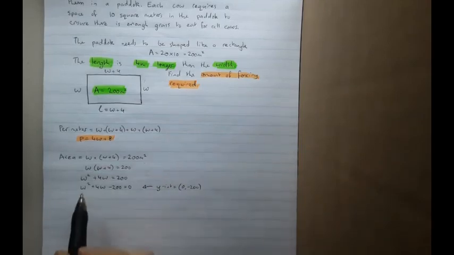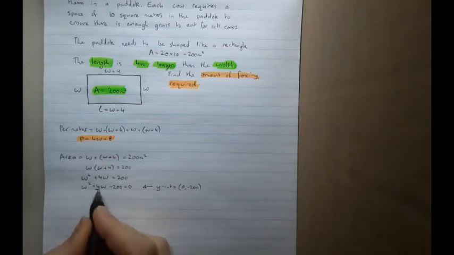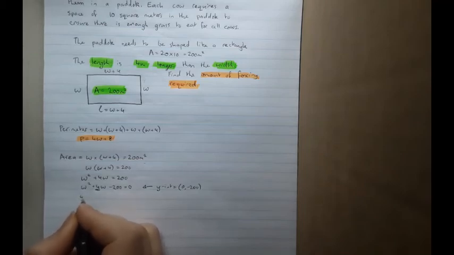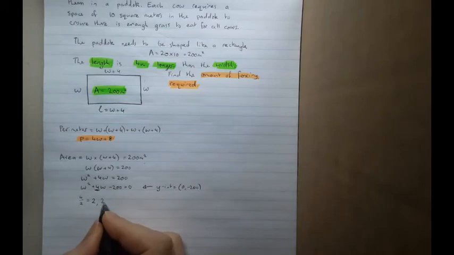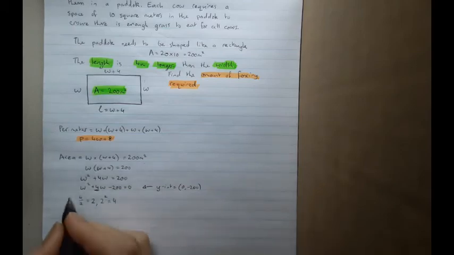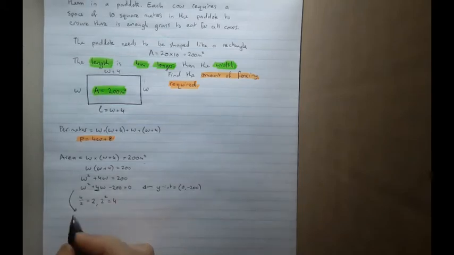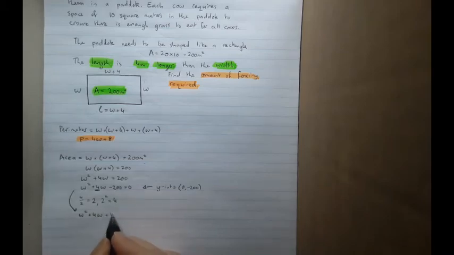And we can also start to then complete the square. So we take the middle number, which in this case is 4. We divide it by 2, which gives us 2. And then we square that answer, which happens to give us 4 again. So we write this out: w squared plus 4w plus 4 minus 200 is equal to 0.